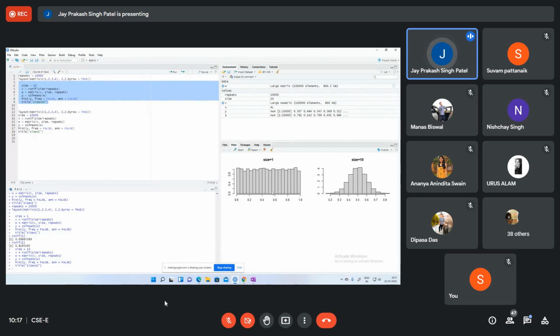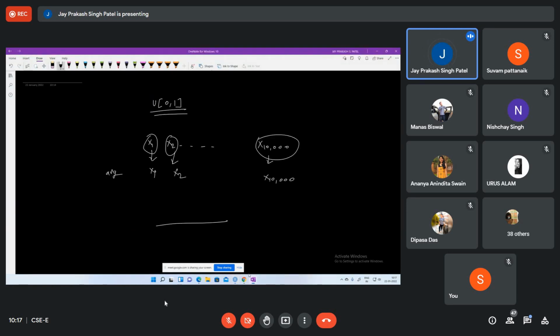Now the mean is the same, right? Mean यहाँ पे देखो कितना है? 0.5, because when x follows the uniform distribution 0, 1, the expected value of the random variable is (a + b)/2, means (1 + 0)/2, right?